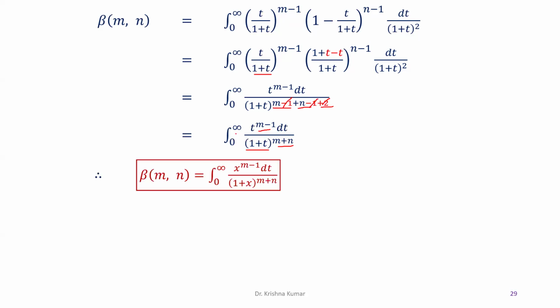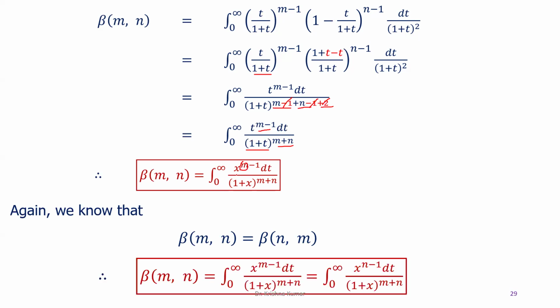So therefore beta of m,n is equal to integration of x to the power m minus 1 upon (1 plus x) to the power m plus n under the limit 0 to infinity. But we know that beta of m,n is equal to beta of n,m. So this m can be replaced by n.